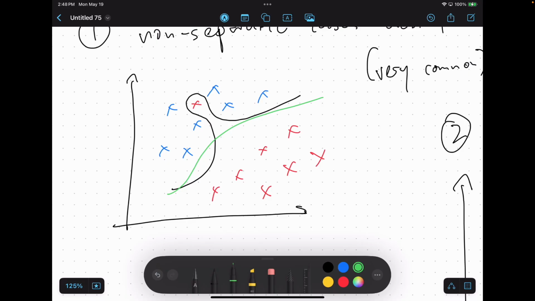In this case, it's going to try to maximize your support vectors, but in the regressions, it's trying to find the balance between bias and variance.